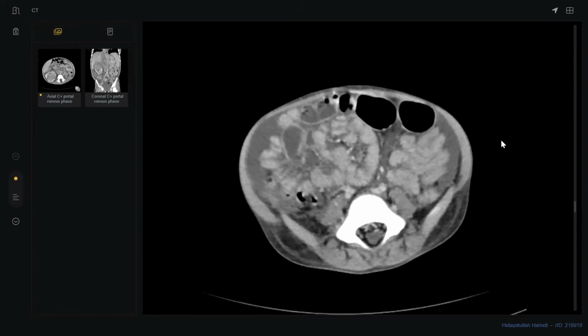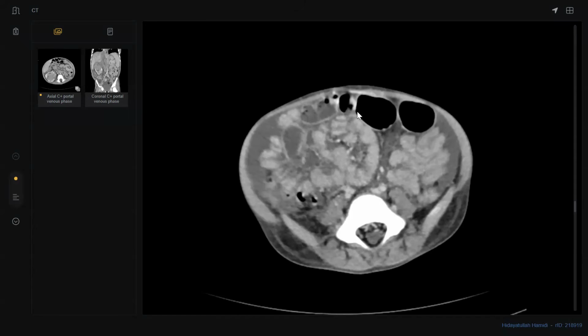Wilms tumor usually does not cause so much vascular thrombosis, that's why I am thinking of something different from Wilms tumor.